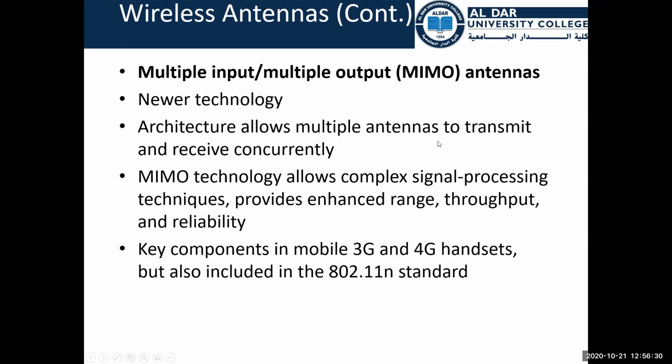Half duplex is just one-way transmission: if you send, you cannot receive. For full duplex, you can send and receive at the same time. So this access point actually works on half duplex transmission, not full duplex. But if it has this type of antenna, it can have full duplex capability.